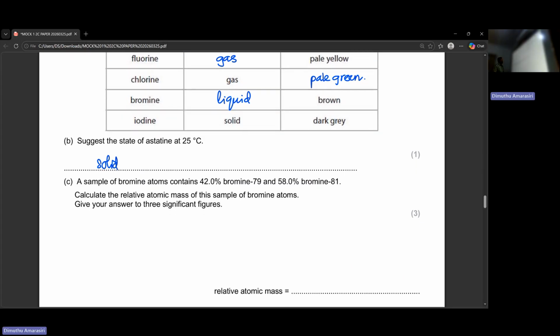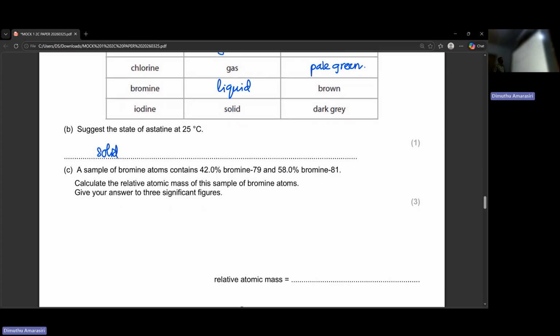Okay. Part C. A sample of bromine has two isotopes. Calculate the relative atomic mass. That's 42 into 70. Don't tell me a similar question was there in the paper. Divide by 100.